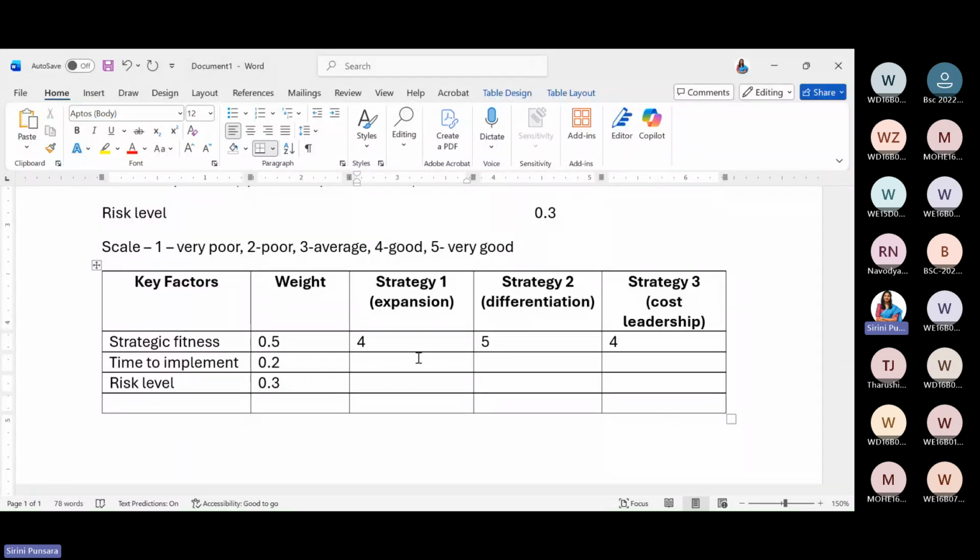Then in terms of time to implement, expansion will take more time, so we'll put 2. Differentiation 4, good. Cost leadership, very good. Likewise, relevant to the scale, we will be allocating marks. Then in terms of risk level, we'll be giving here 3. I'm just putting marks.